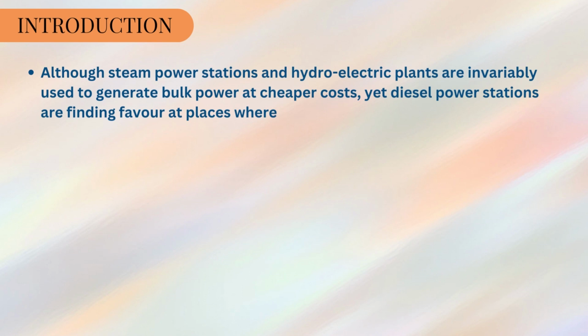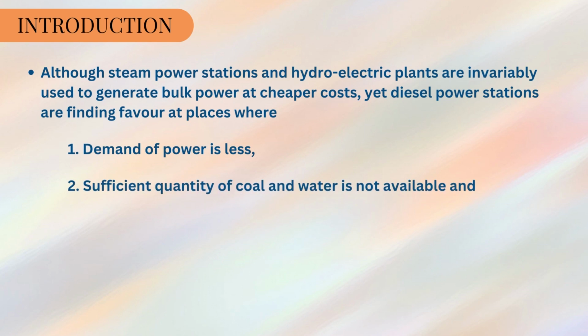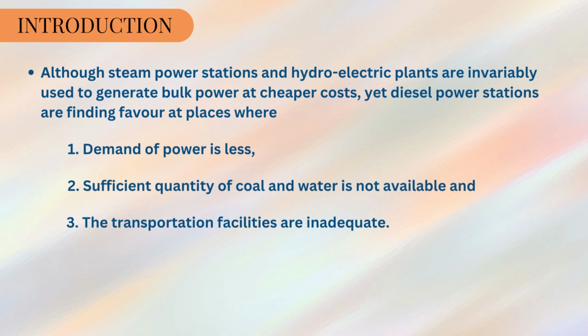But diesel power stations also find their place when the demand for power is less, or sufficient quantity of coal and water is not available and the transportation facilities are inadequate.